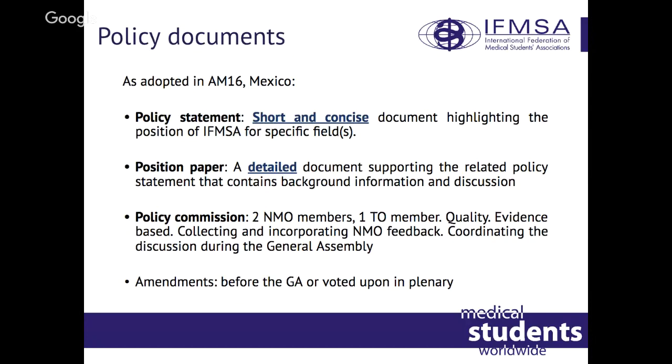After the policy statement, you will have the position paper. The position paper is a long document that has all the information that supports the policy statement, and it has all the background information and discussion needed on the topic that we are addressing in the policy document. I hope that's clear.